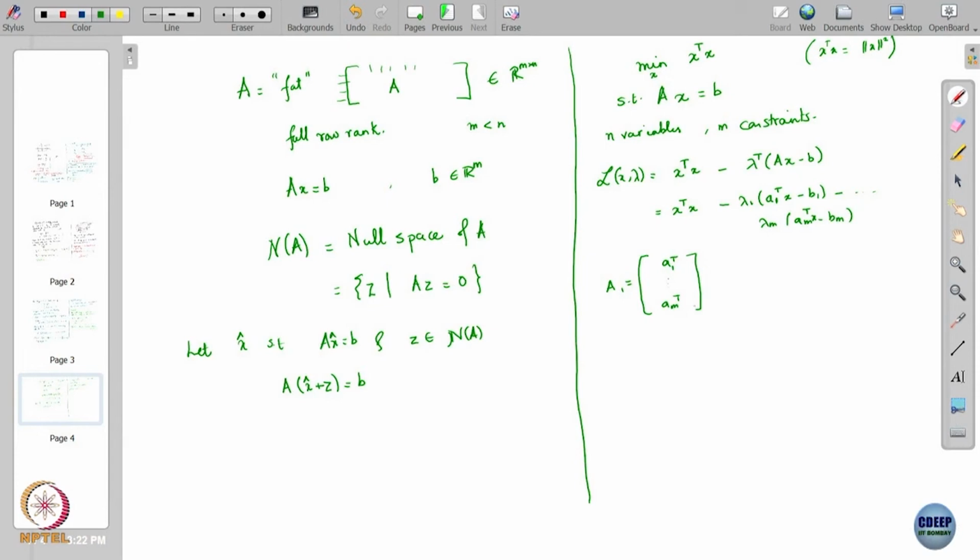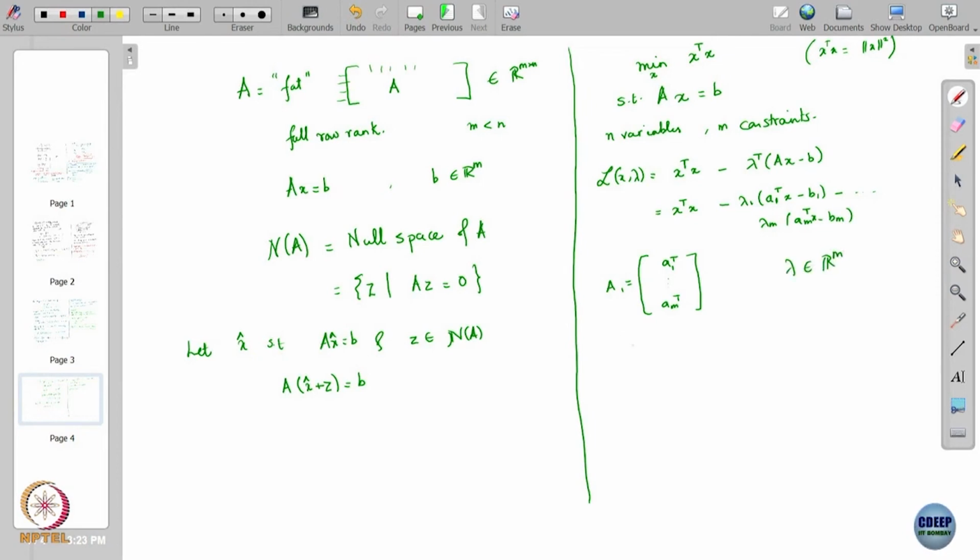So if the rows of A are A1 transpose, A2 transpose and Am transpose, then I can write this Lagrangian in this way. It is x transpose x minus lambda transpose (Ax minus b), where now lambda is just any vector in Rm.